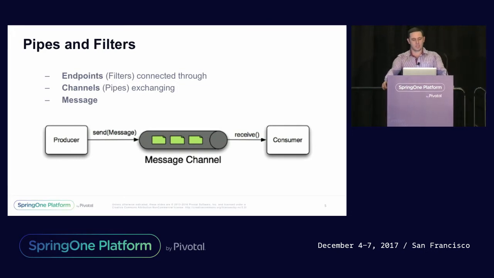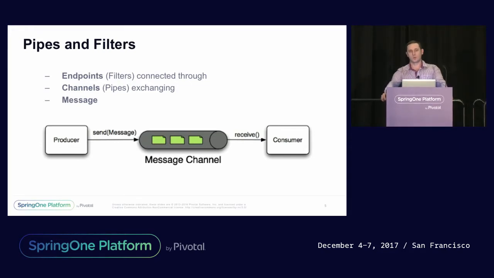The base idea behind Spring Integration is loose decoupling between components through message channels and communication between components using messages. So producers produce messages, send them to the channel, and on another side, the consumer just receives messages from the channel.